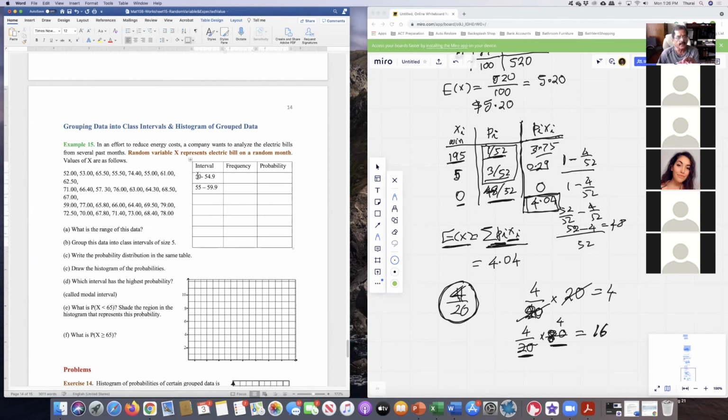See, the point is, if you count 55 here, you shouldn't be counting 55 there. So as a rule, the right endpoint is never counted in that interval.